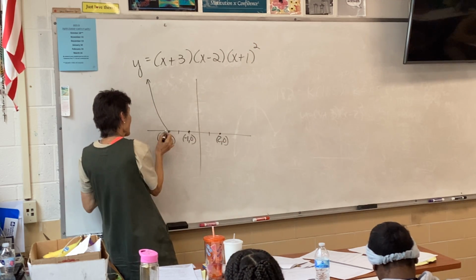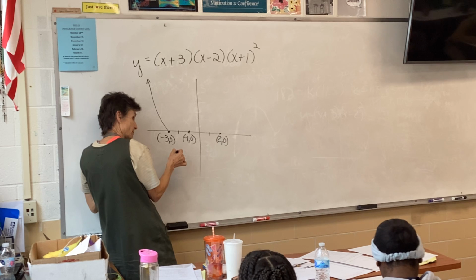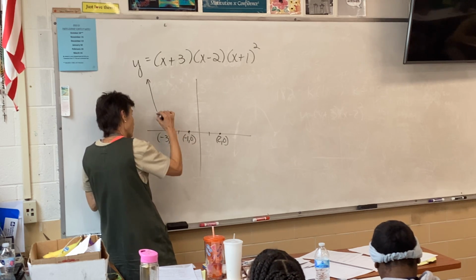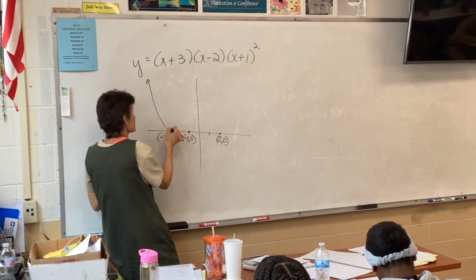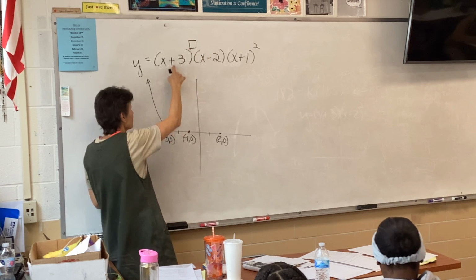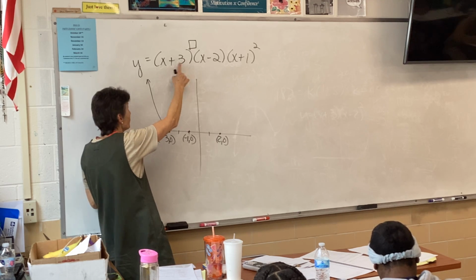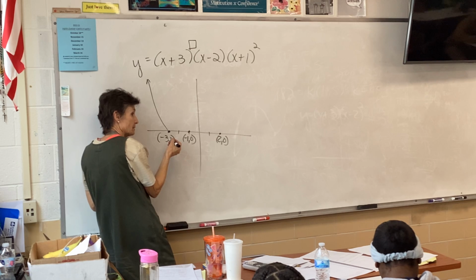Now, what happens when it hits this point? You have 3 choices. You're going to zip right through, you're going to bounce off, or you're going to squiggle your way through. That depends on this power right here, right? Because that came from here. Well, it doesn't have a power, it's 1. So what does that mean graphically?